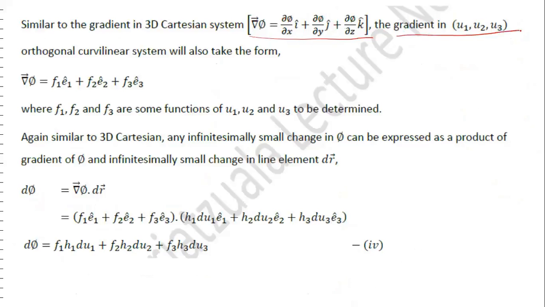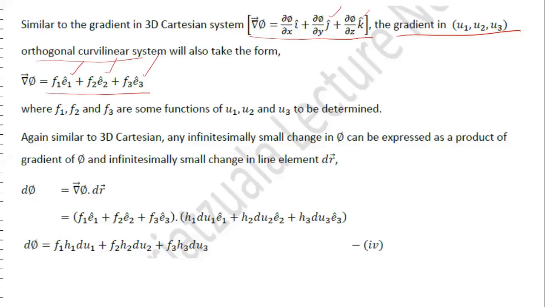The gradient in this u1, u2, u3 orthogonal curvilinear coordinate system can also be expressed with unit vectors. Instead of i cap, we now have e1 cap. Instead of j cap, we now have e2 cap. Instead of k cap, we now have e3 cap, the tangential unit vectors, right?